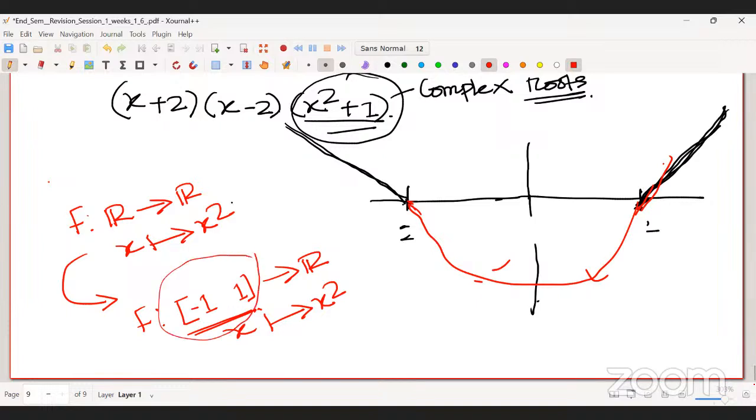I'm taking a subset and considering the function from this particular subset to R. Yes, sir. But if in the given question the function is defined from -1 to 1, whether the statement is true or false, it is true.